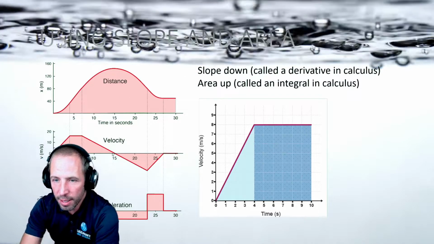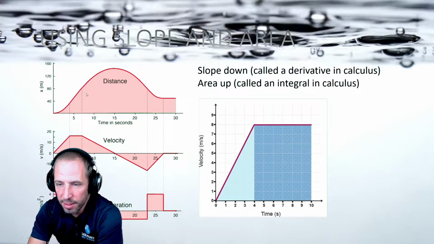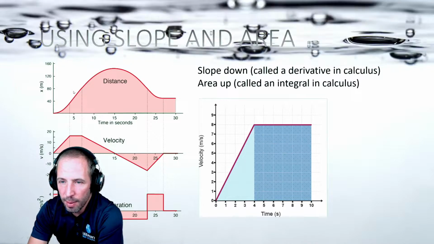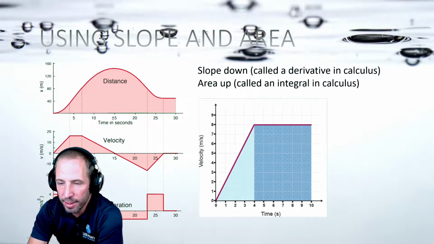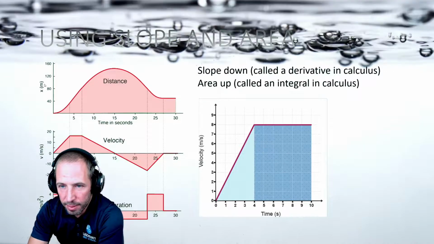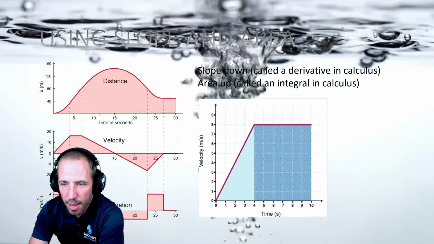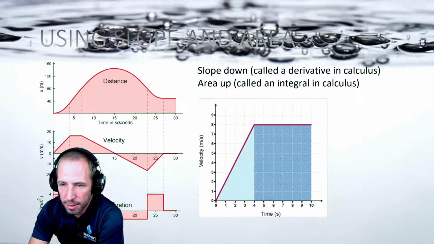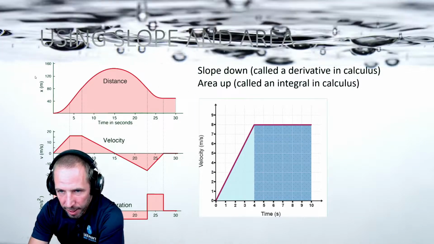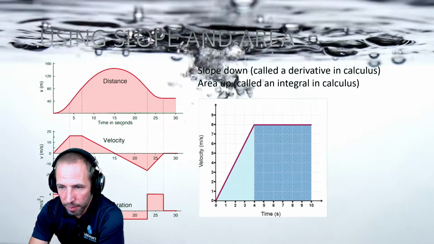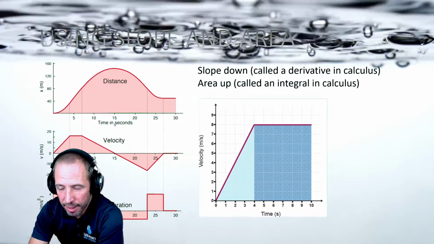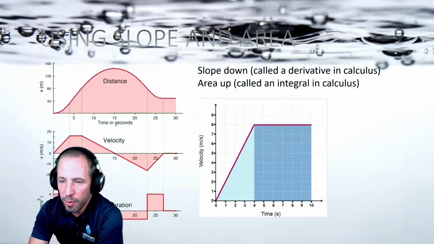Let's think about this a second way. Slope is a rise over run. It's how much it goes up and down compared to how much it goes sideways. What are the unit labels, the way things are being measured on the y-axis? This is meters, right? And on the x-axis, this is seconds. So what if I get a rise over run? That's meters per second. That's the unit variable that we measure velocity in.